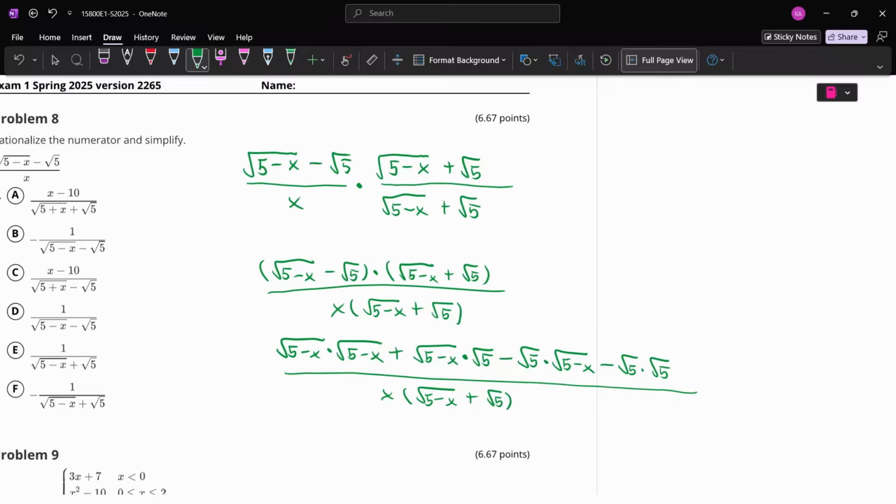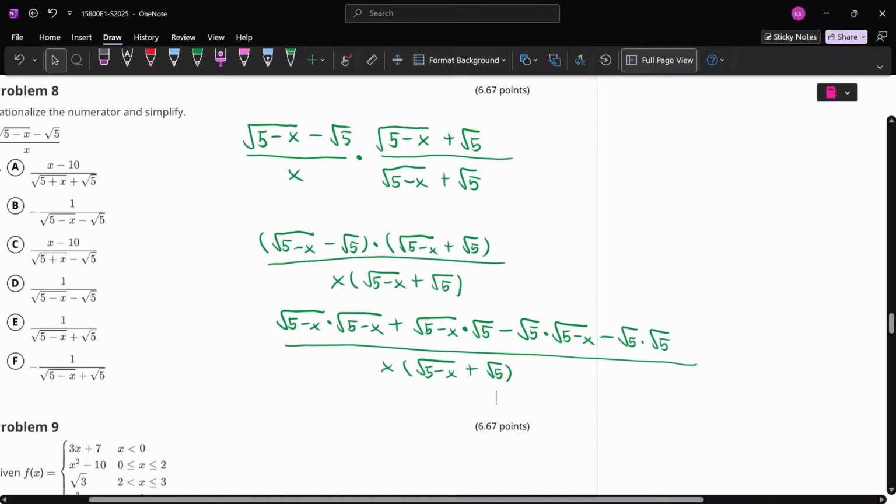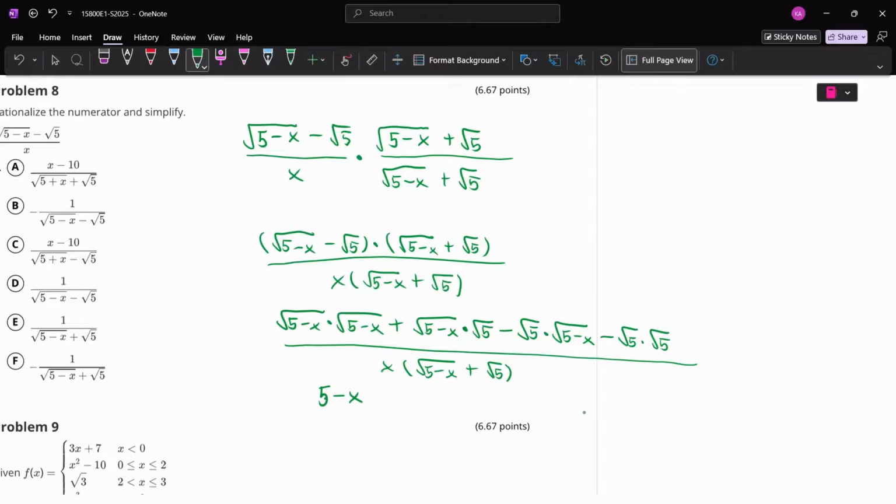Now you can probably also see a little bit more why I used the conjugate, because you'll see that these two terms are going to cancel, and so that gives us one less term. And then these square roots are also going to eliminate since we're multiplying it by itself. And so you're going to end up with 5 minus x minus 5 over x times the square root of 5 minus x plus the square root of 5.